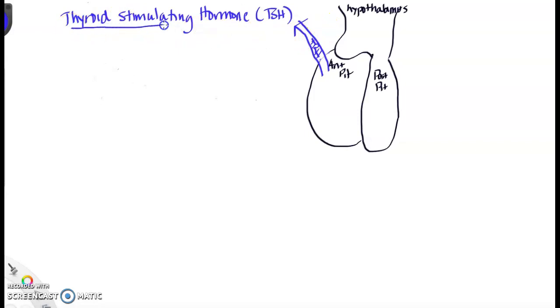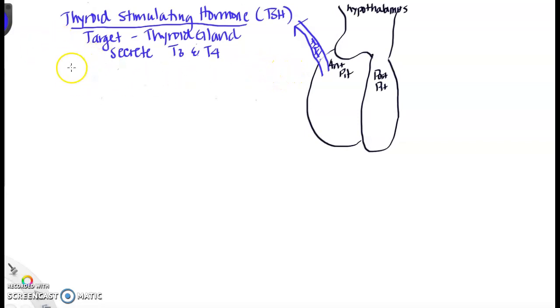So that causes the secretion of thyroid stimulating hormone. Its target is the thyroid gland, and it stimulates the secretion of T3 and T4, or triiodothyronine and thyroxine.